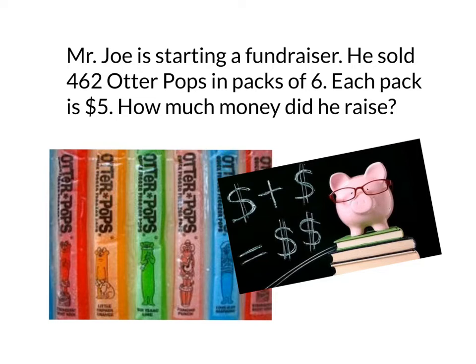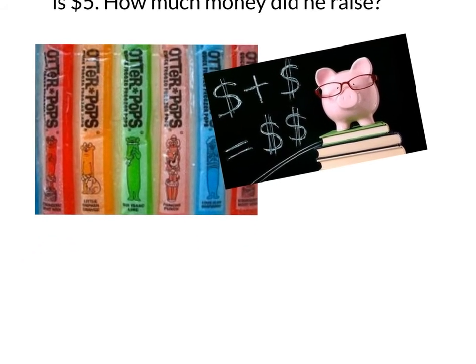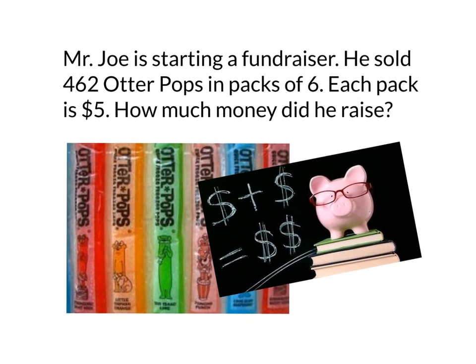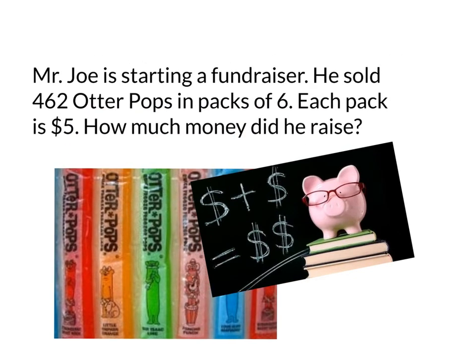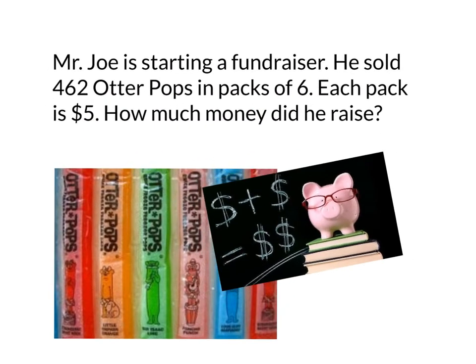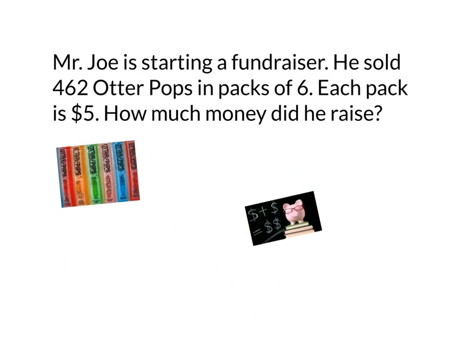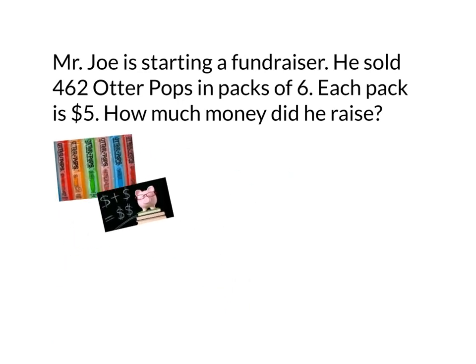You guys know that in 3rd grade, we like to use bar models to help us out. So let's think of a bar model that we could use for this problem. Do we know our total in this problem?